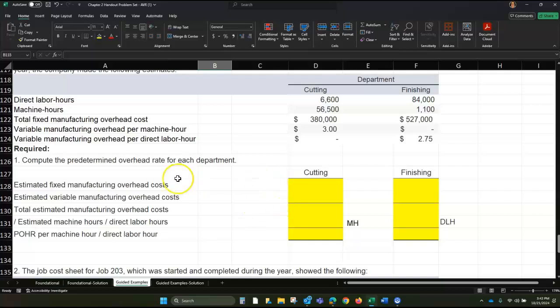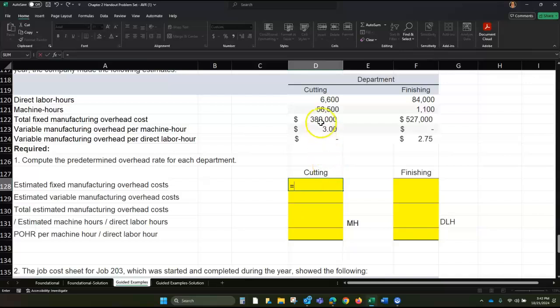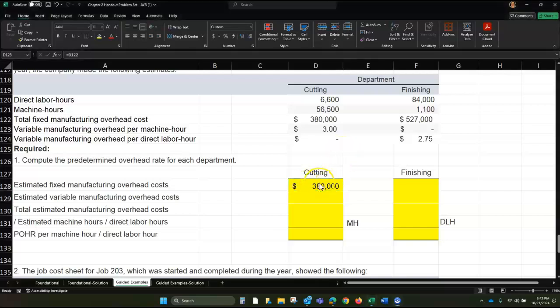All right, compute the predetermined overhead rate for each department. So the estimated fixed manufacturing overhead cost, that's simply the 380. We can copy and paste that formula.